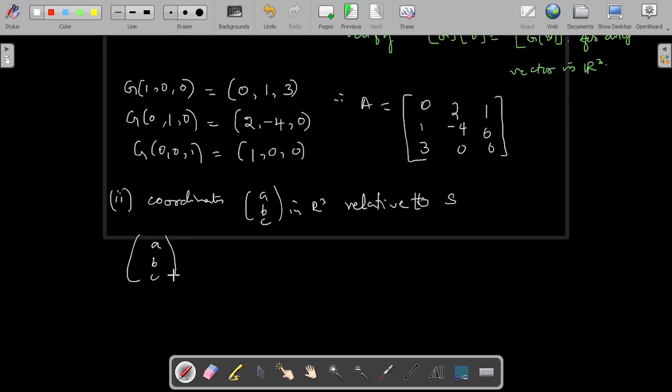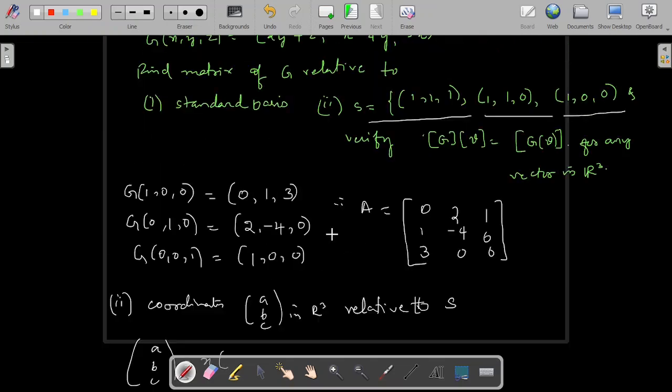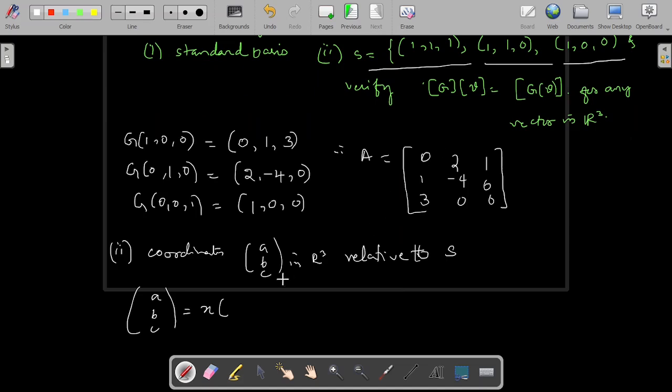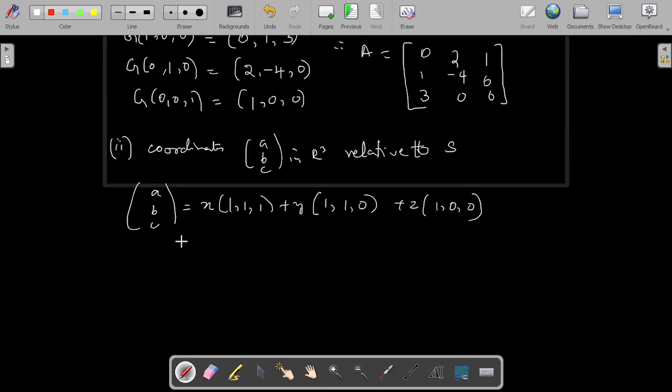(a, b, c) equals x times... Every vector is a linear combination of these three vectors. So 1 comma 1 comma 1 plus y into 1 comma 1 comma 0 plus z into 1 0 0. You get a system of equations: x plus y plus z equals a, then x plus y equals b, then x equals c.